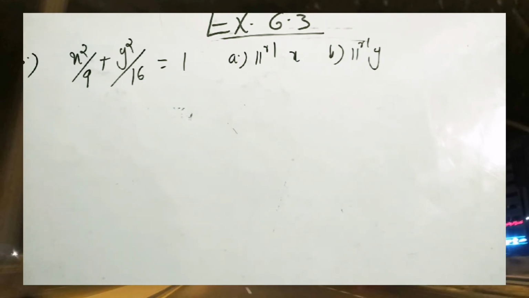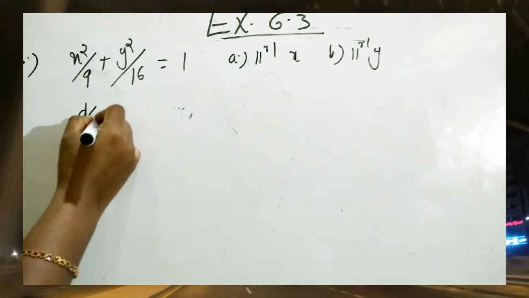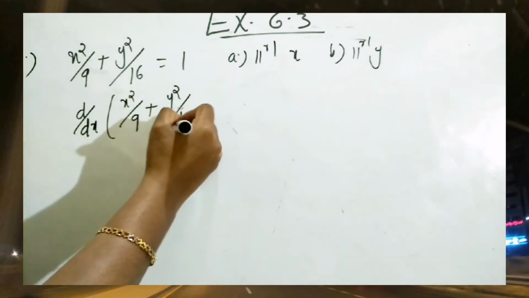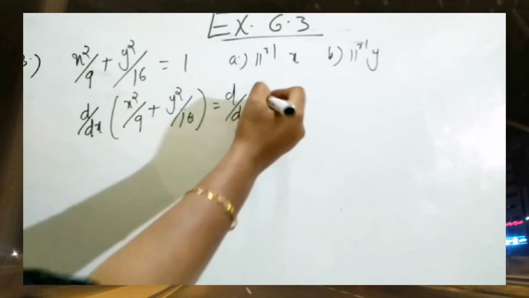Okay. Tangent and x-axis parallel means their slopes are equal. Tangent and y-axis parallel means the slope of the y-axis and the tangent are equal. Anyway, we are going to differentiate it on both sides with respect to x. So d by dx of x square by 9 plus y square by 16 is equal to d by dx of 1.